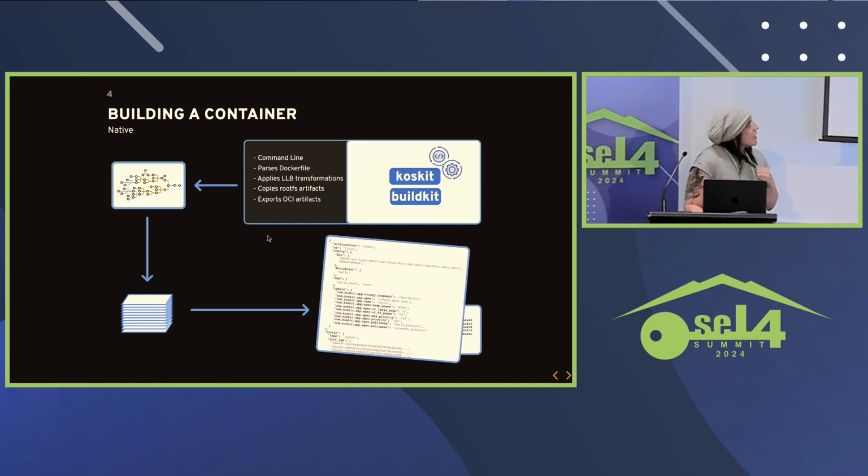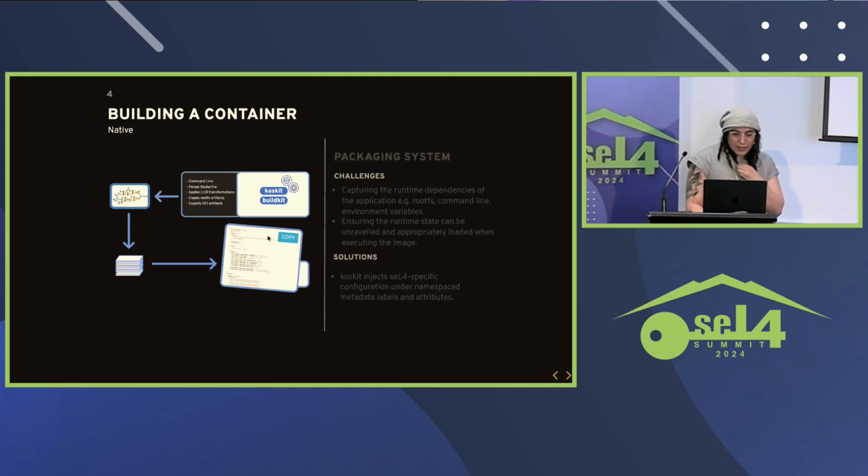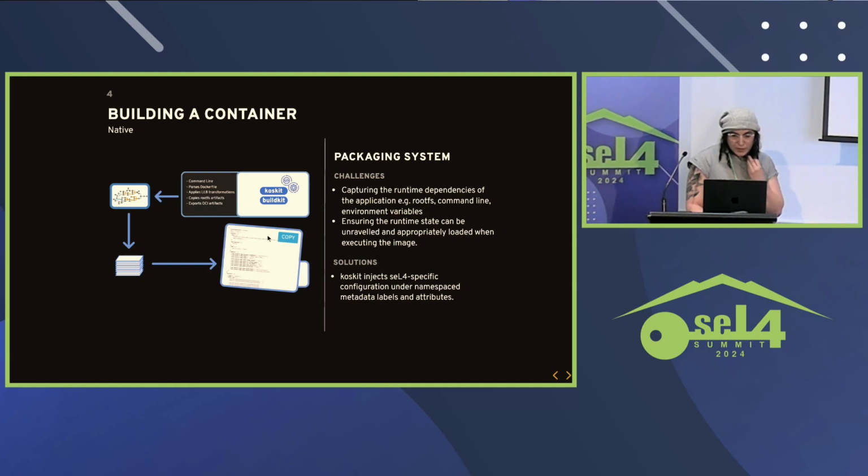And what we end up doing is we transpose a bunch of configuration state into that OCI image that helps us decode it when it's time to run it, such as what pages it requires, its scheduling priority, and how it needs to communicate with the system. So we transport that, capturing runtime.